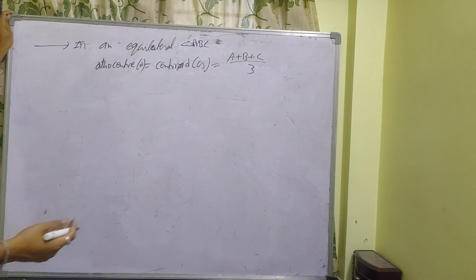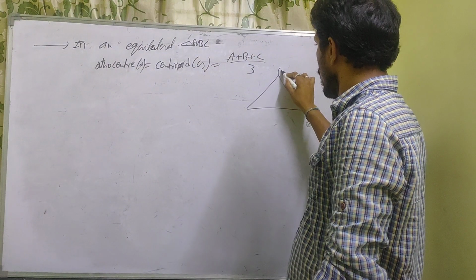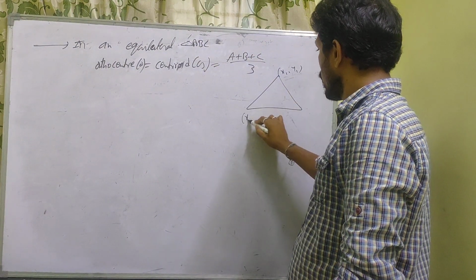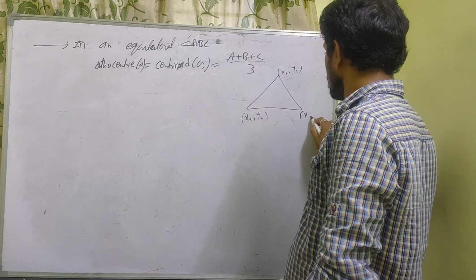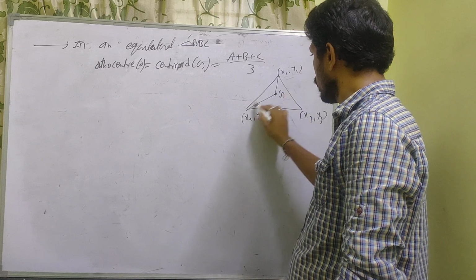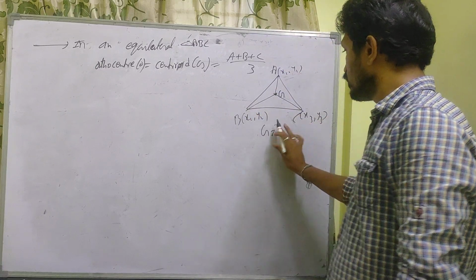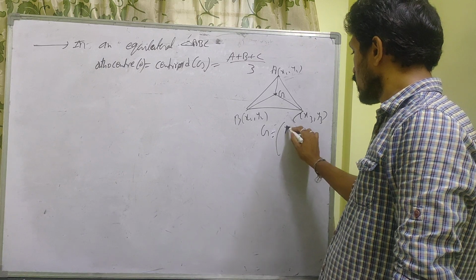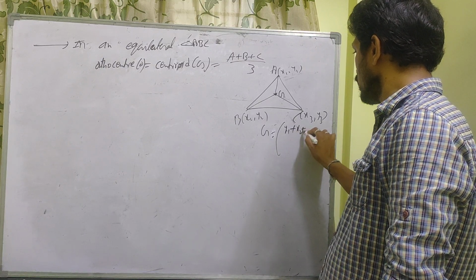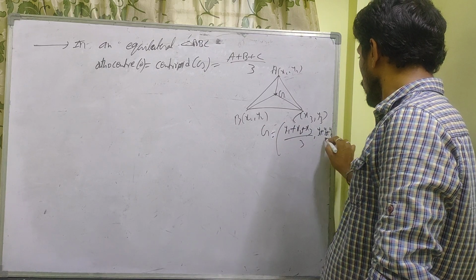So what is the centroid formula? Whenever you have x1 y1, x2 y2, x3 y3, this is the centroid G. So G is equal to x1 plus x2 plus x3 by 3, y1 plus y2 plus y3 by 3.